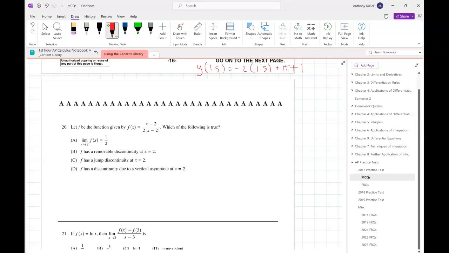If you had a graph of this, could we do this? Let's talk about how I can generate a graph out of this. If this was just x minus 2 over 2 times x minus 2, the graph is just a horizontal line, y equals 1/2. What is the absolute value going to change?